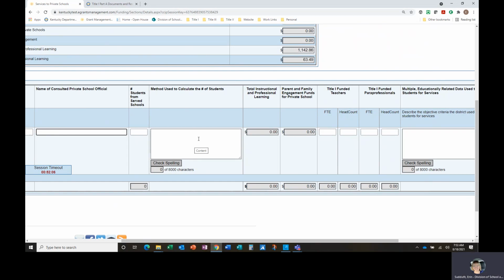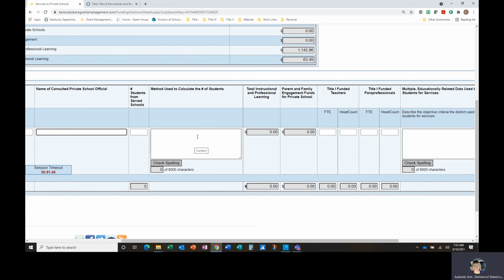The next column is the method used to calculate the number of students. The method used to calculate the number of students should be the same method used to count public school children whenever possible. If the same measure of poverty cannot be used, the measure must be comparable to that of public school children.